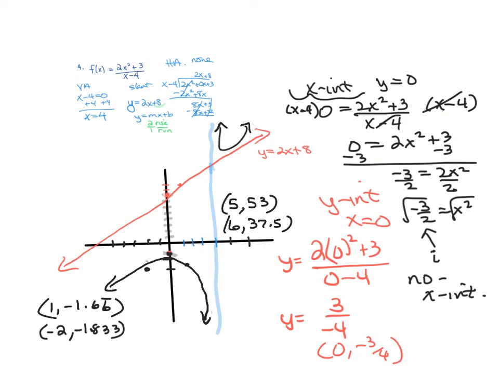So at 5, we could say this is 5 comma 53. And then here at the 6, it's coming down, and that could be the 6 comma 37.5. So again, all of these points are coming from your calculator. Once your function is keyed in, then you can hit second and graph, and you can get ordered pairs from the table.